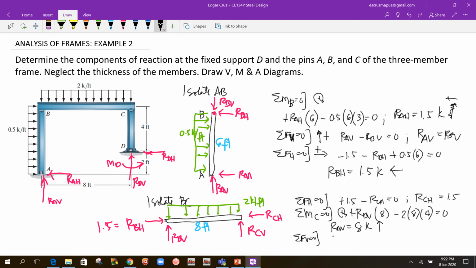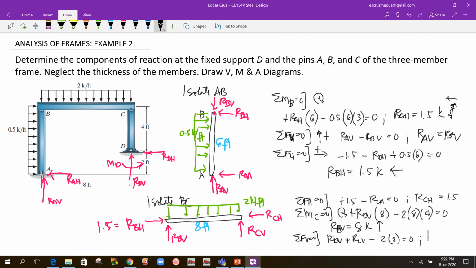Okay, then of course pagka nag-summation forces vertical naman tayo equal to 0, we'll have RBV vertical plus RCV minus the uniform load, which is 2 times 8, equal to 0. So actually we could solve there yung RCV naman.